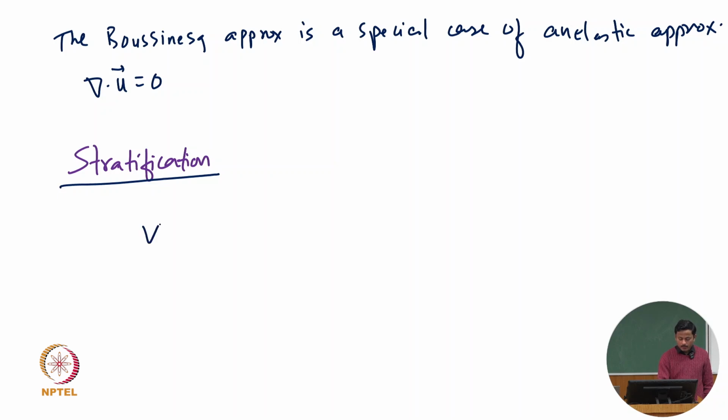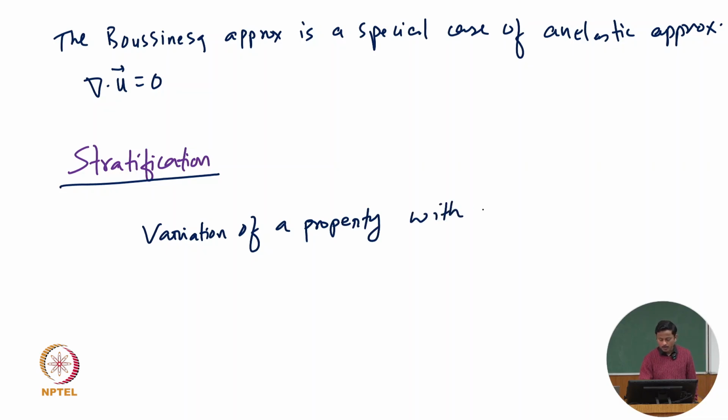So stratification is variation of a property with change in location or position. We will use a simple system where the property varies only with the vertical coordinate.